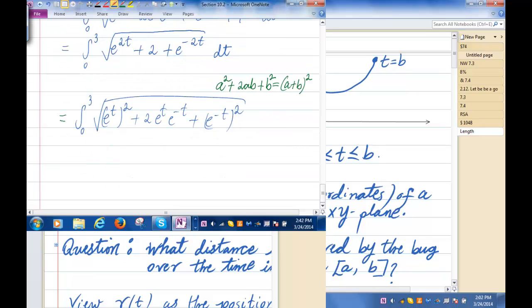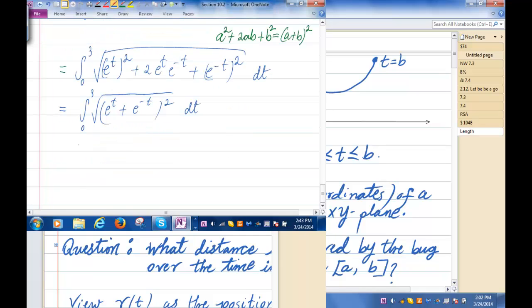And then that quantity is equal to what? I can write this as a square, right? What is that square? Yeah, e to the t plus e to the negative t, squared, dt. I forgot dt right here. And now I can get rid of the root.